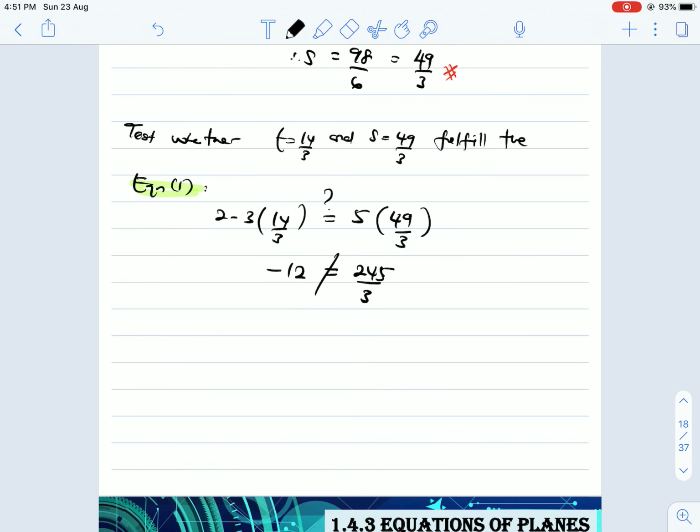This is not equal, right? Since this is not equal, the values do not fulfill equation 1. Therefore, the lines do not intersect.